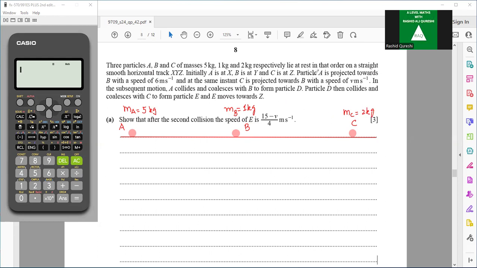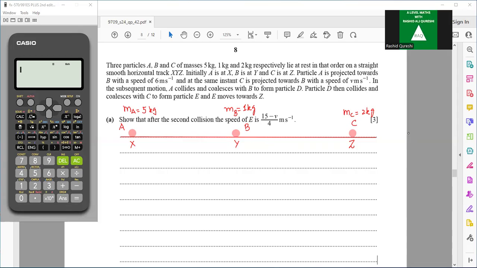They are at rest in this order: the point here is X, B is at point Y, and C is at point Z. Initially, A is at point X, B is at point Y, and C is at point Z. Particle A is projected towards B with a speed of 6 meters per second.